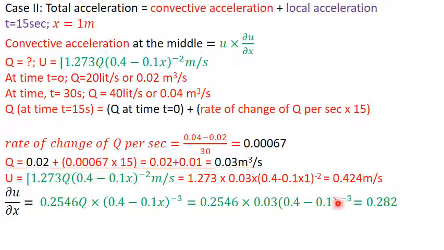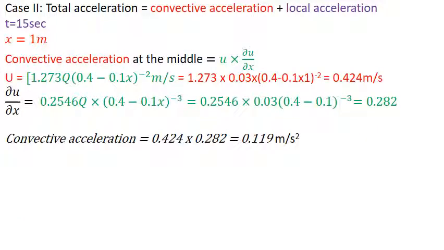So that value comes to 0.282. Multiplying U and dou U by dou X, we get the value of convective acceleration, which is 0.119 meters per second square. Okay, so for total acceleration, we need the sum of convective acceleration and local acceleration. So we got convective acceleration.